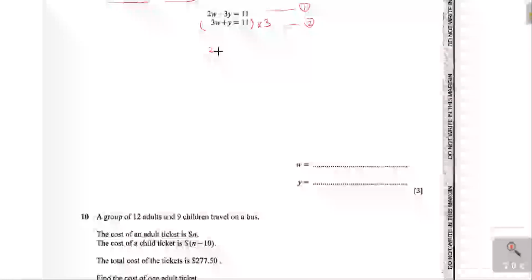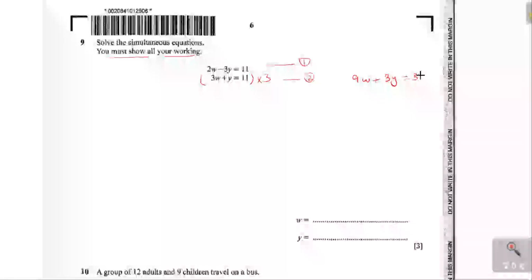If we multiply equation 2 by 3, the coefficient of y in the second equation becomes equal to the first equation. We can write the second equation as 9w plus 3y equal to 33, and the first equation is 2w minus 3y equal to 11.